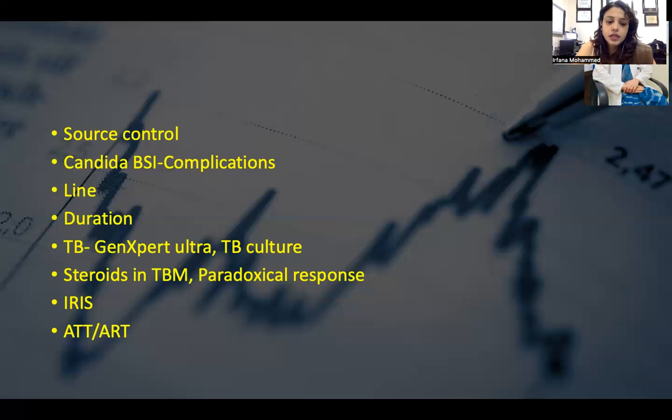And IRIS and ART and ATT. IRIS is immune reconstitution inflammatory syndrome that we come across in HIV patients usually. In IRIS, basically what happens is initially the patient with HIV comes to you with a very low CD4 count, and the patient doesn't have any immunity to fight against any infection.